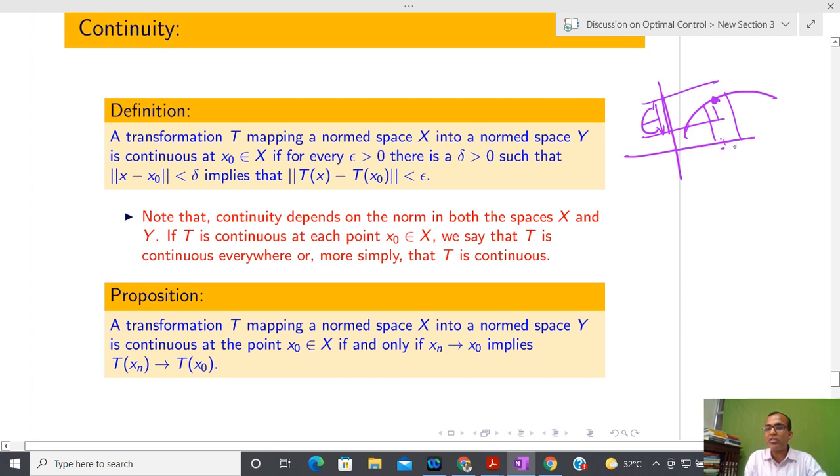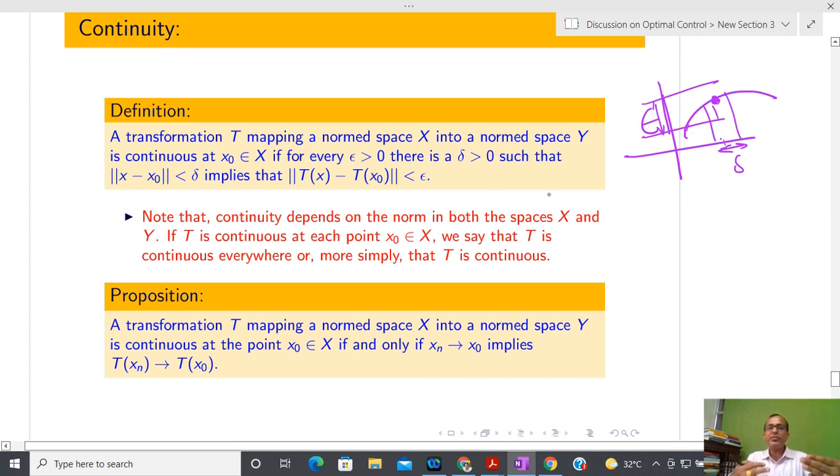If this point is going to live inside the delta ball, then we can define that for every epsilon there exists a delta such that if this kind of relation is satisfied, then we are telling that at this point this particular function is continuous.